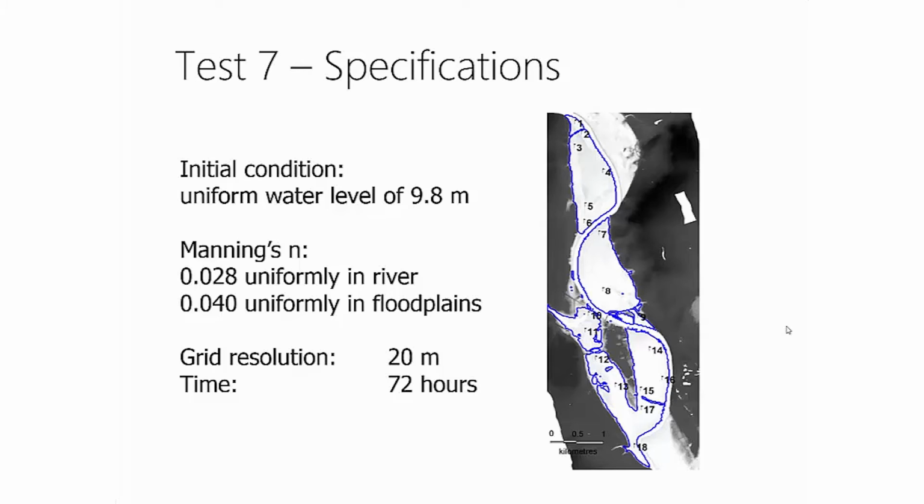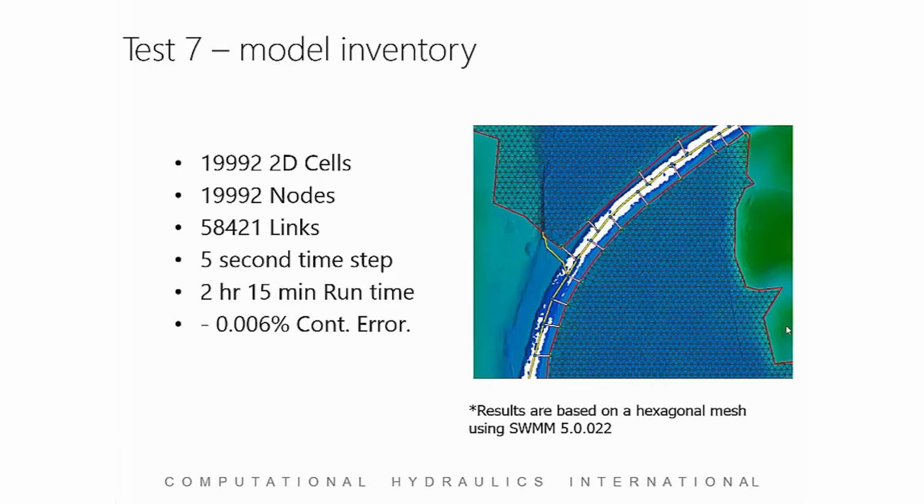The first one was for the 1D portion, or the center part of that floodplain area, and that value was 0.028. And then we had to use a value of 0.04 for the three floodplains you can see there. There was a grid resolution of 20 meters, and the simulation time was 72 hours. The model inventory comprised approximately 20,000 2D cells and 20,000 nodes.